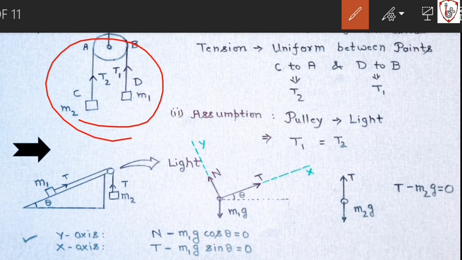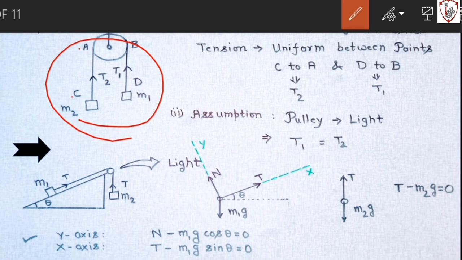Now the tension between points A and C will be uniform, as we have seen earlier, that the tension throughout the length of the rope or string will be the same. So between points A and C, due to mass m2 or the weight of m2, m2g, there would be a uniform tension, say T2.